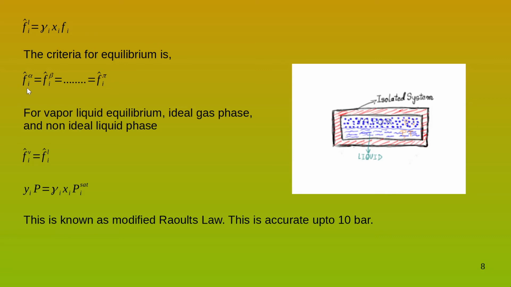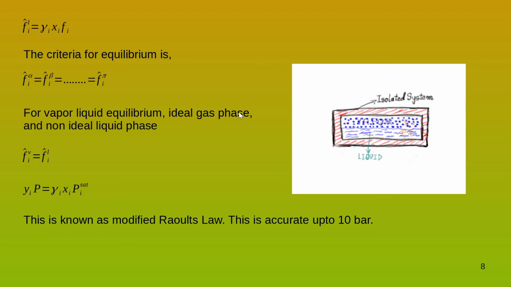Now, Fi hat is nothing but the partial fugacity of component i in the phase alpha, which is equal to the partial fugacity of component i in the phase beta. And the criteria of equilibrium is that this should be equal in all phases.